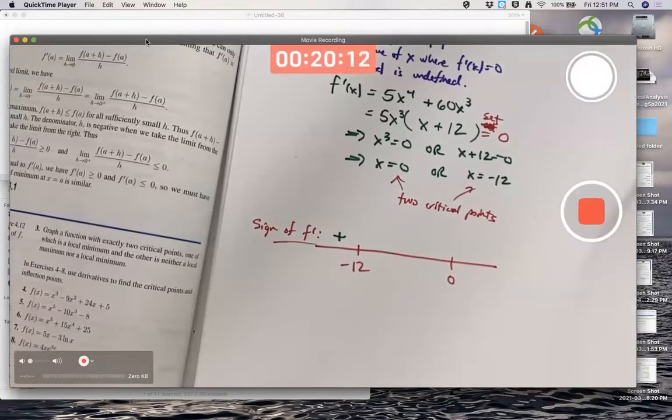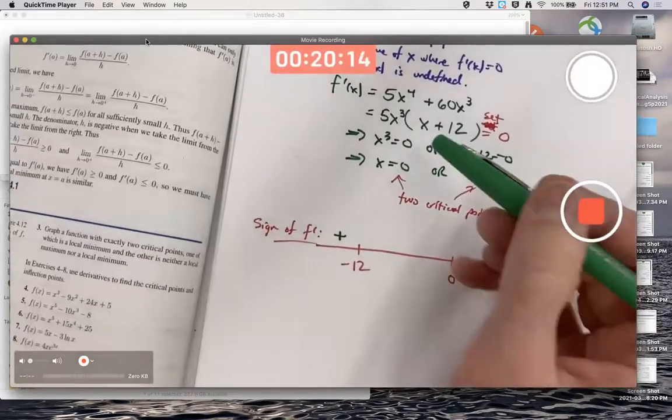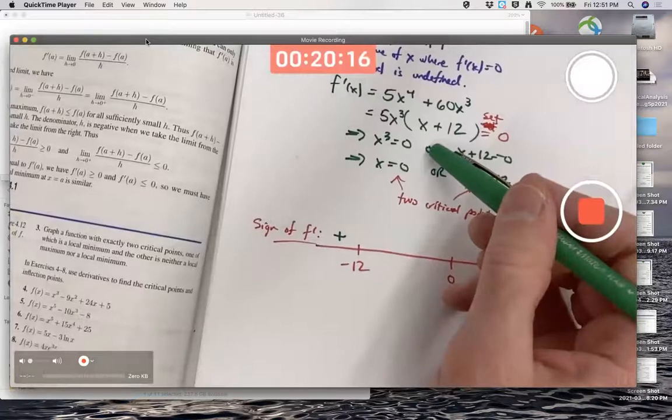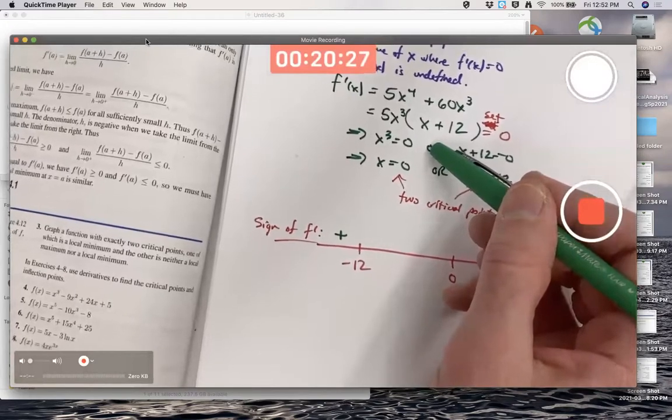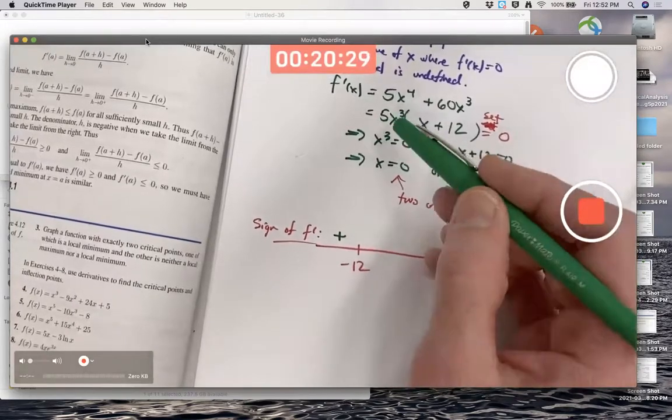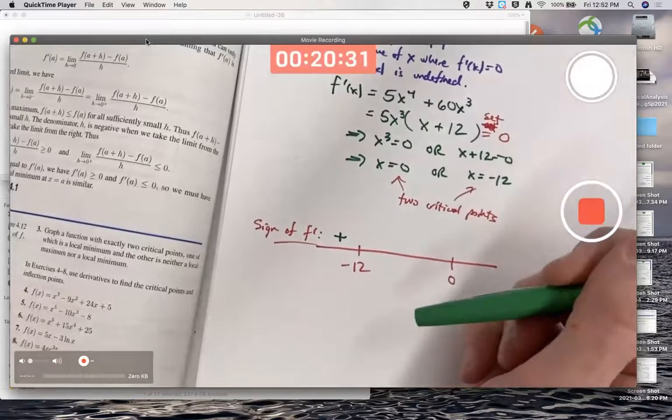You might want to make a little note to yourself that I imagine plugging in negative 13 to help me figure that out. I could plug in negative 14, negative 15, negative 13.73. It doesn't matter. Plug in anything less than negative 12.